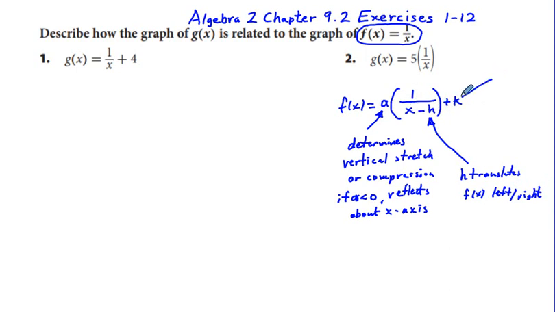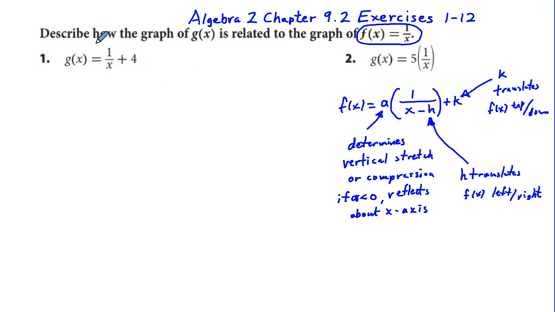If h is negative, the function translates to the left. And it's sort of counterintuitive. This k at the end translates f(x) up and down. So we'll get into those as we go today.